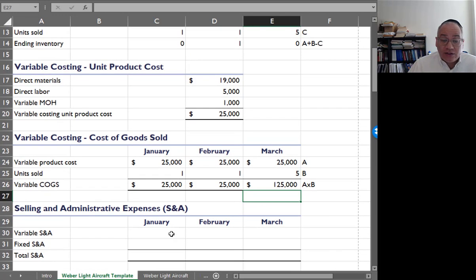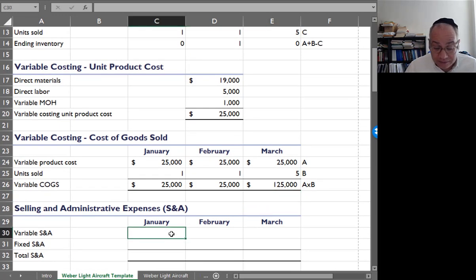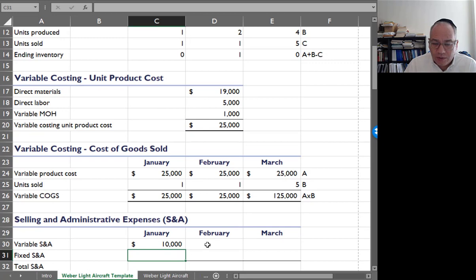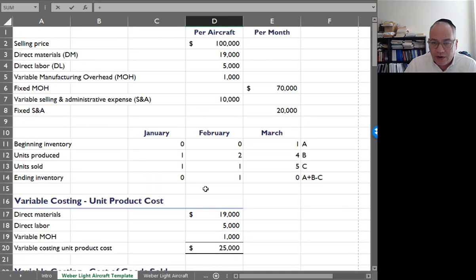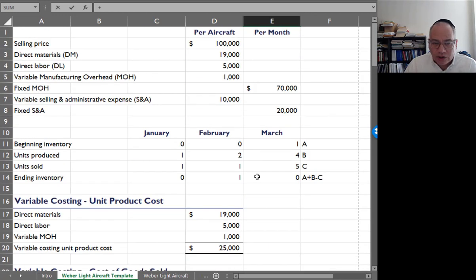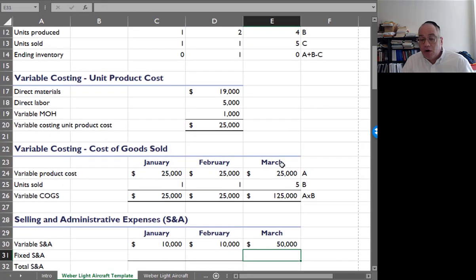Now let's look at selling and administrative, or S&A. My variable S&A is $10,000 per aircraft. So total variable would be $10,000 in January. It'd be $10,000 per aircraft times the 1 unit I sold in February, or $10,000 in February. And in March, it would be $10,000 times the 5 units that I sold in March, and therefore would be $50,000 in March.